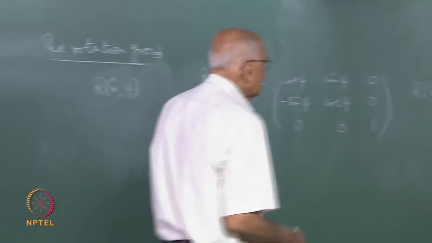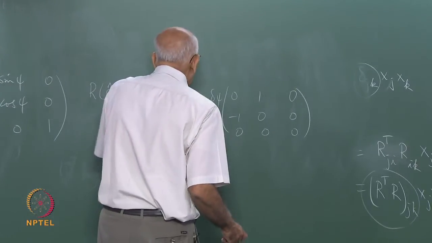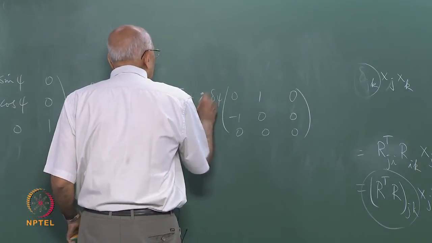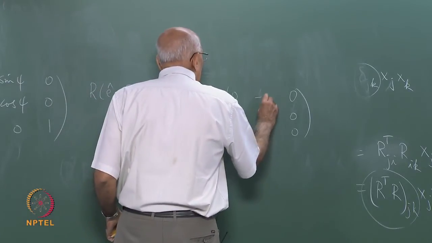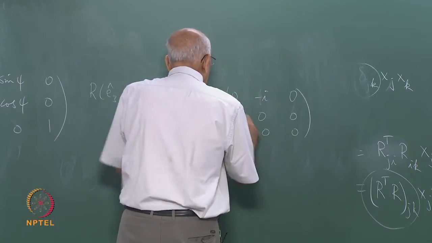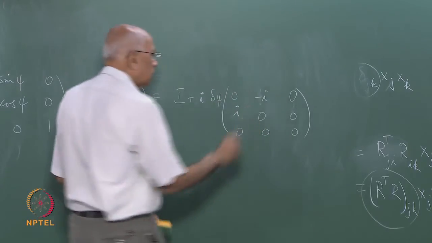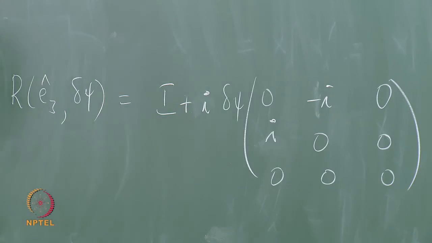So to make sure that we do not make a mistake there, let us pull out a factor I in the definition here, and then of course this is minus I, this is I, and 0. That is what an infinitesimal rotation in the xy plane looks like.